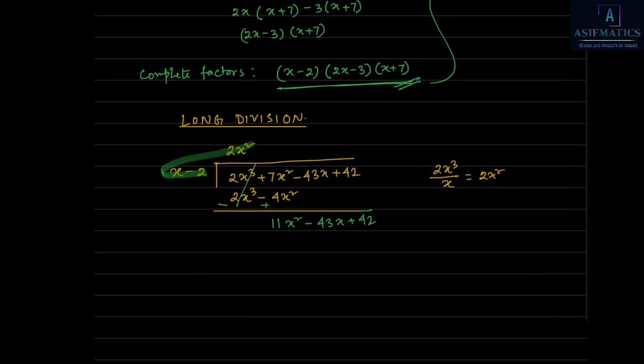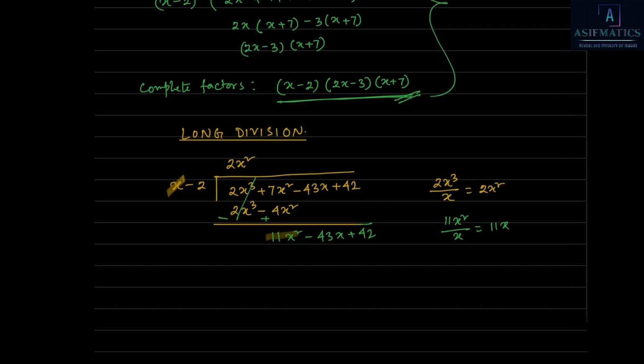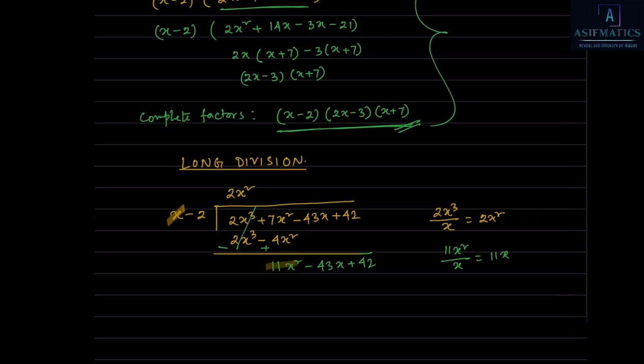So again the same thing, we will repeat: inner first term divided by outer first term. We have inner first term 11x square and outer first term x. So we write 11x square by x, that will be 11x. So we can write our second term as plus 11x.